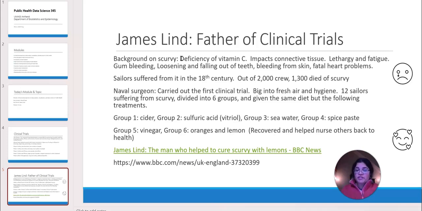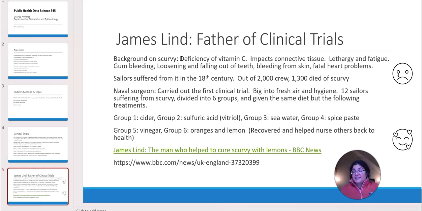So group 1 was a quart of cider a day. Group 2 was a few drops of diluted sulfuric acid, or vitriol, as it was known back then. Sulfuric acid, by the way, is the stuff that you have in really heavy-duty cleaners like drain pipes.